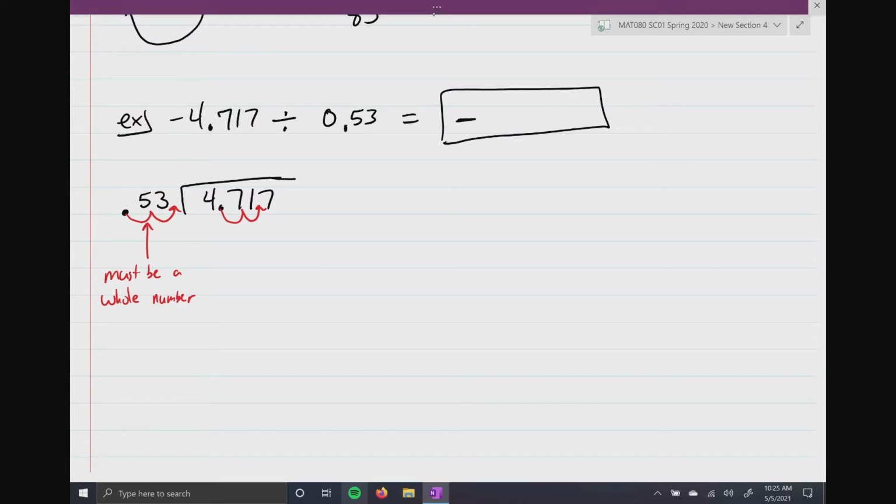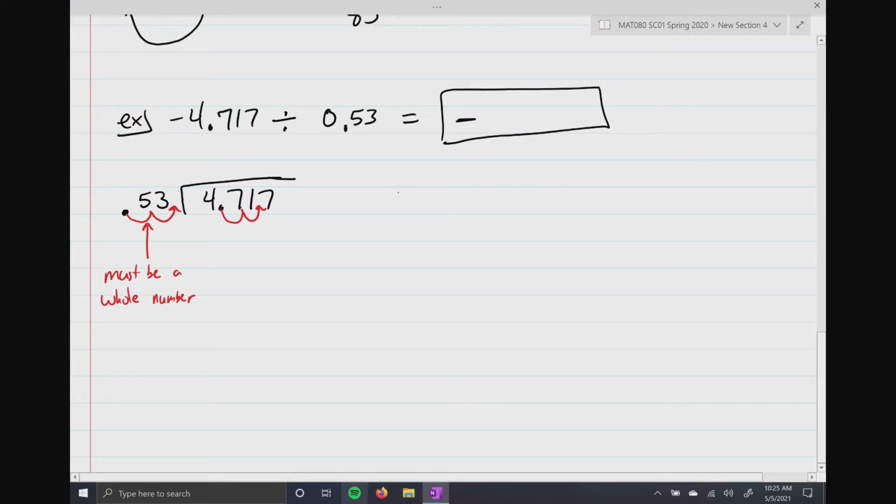So I'm going to rewrite my problem. I'm going to place my decimal appropriately. I'm going to copy it into the quotient. And now I don't have to worry about anything regarding the decimal point. The decimal point is over. The only thing I've got to do now is just divide.